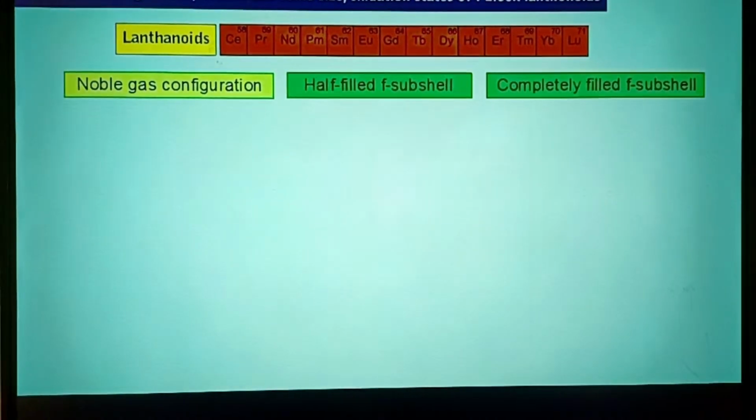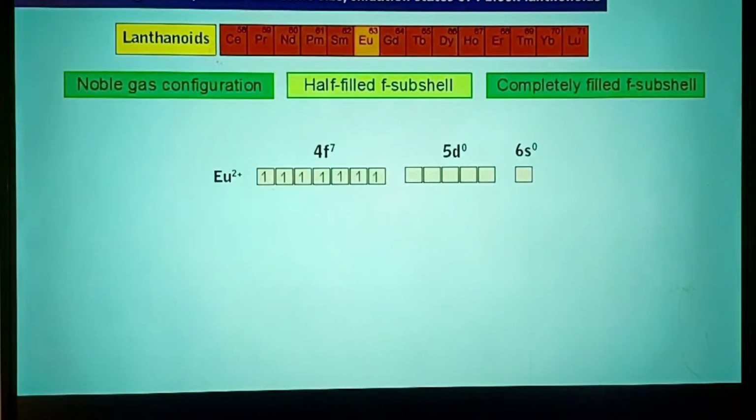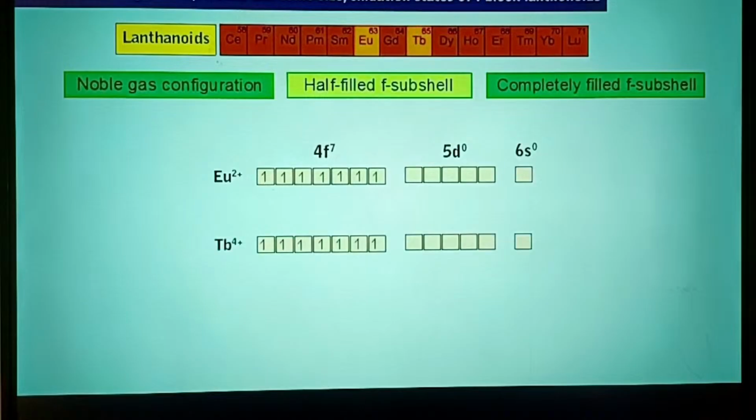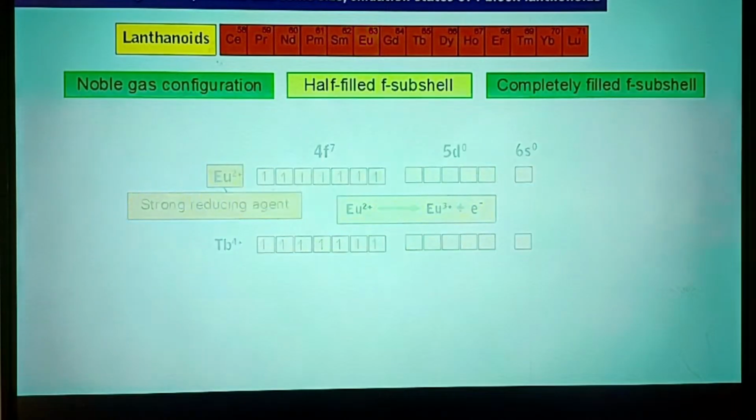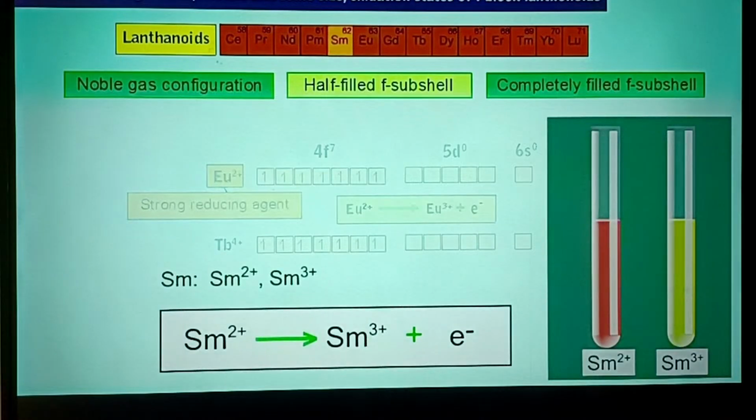The best examples of the second case are europium +2 and terbium 4+. However, europium +2, being a strong reducing agent, changes to +3 oxidation state. Samarium, like europium, also exhibits both +2 and +3 oxidation states.